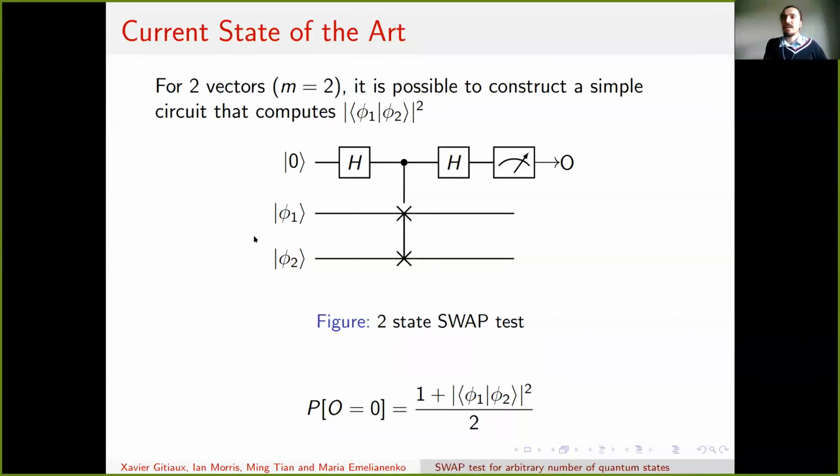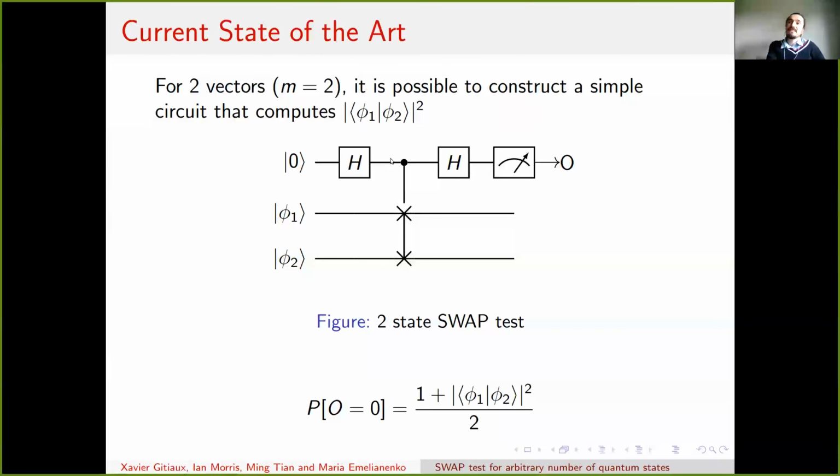But so you take these two quantum vectors, phi 1 and phi 2. You put them on a wire. You add what's called an ancilla, which is an additional auxiliary wire that's going to help you. You set this ancilla to the quantum state 0.